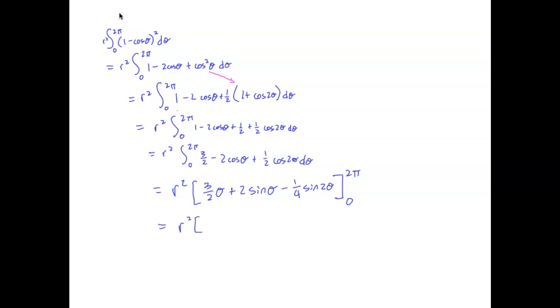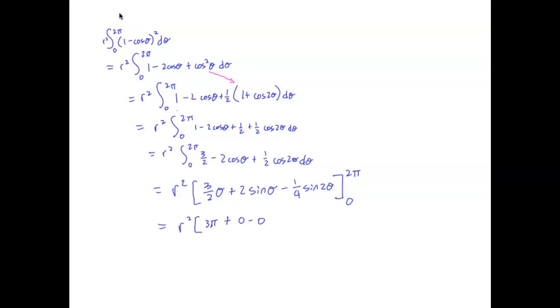All right, plugging in 2 pi to that first term, the 2's will divide out, so I'll just end up with 3 pi. To the second term, sine of 2 pi is just 0, so that's 0. And to the last term, negative 1/4 sine of 4 pi is also 0, so that's minus 0.